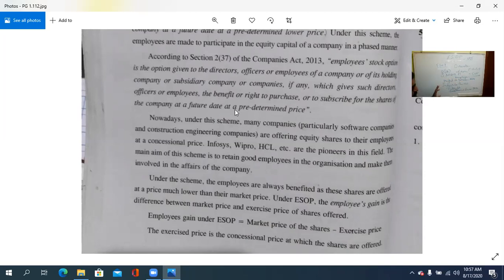So that is the ESOP, Employees Stock Option Scheme or Option Plan, and the formula for calculating this thing is market price minus exercise price. Exercise price is the concessional price that is offered to the such shares.